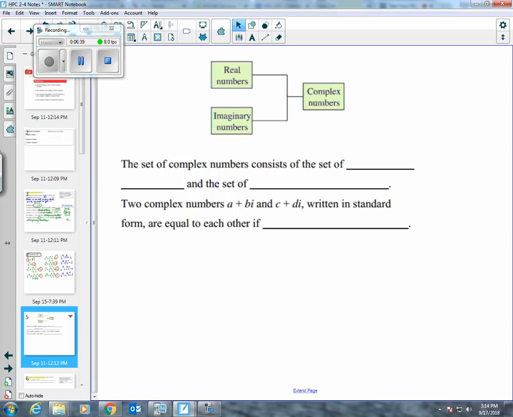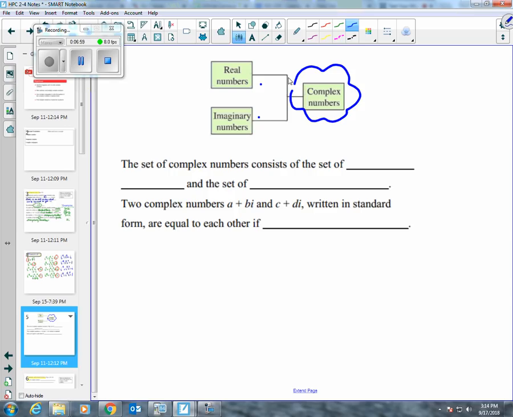Another thing to keep track of is where do these numbers fit into our whole number scheme, these imaginary things? So if we take all the real numbers that we know from before and put them together with all of these imaginary numbers, they form what's called the complex number system. So you're either real or you're imaginary. That forms what we call the complex number system.